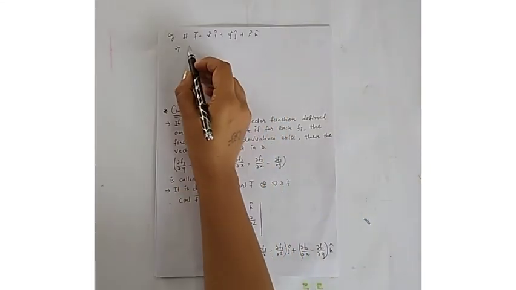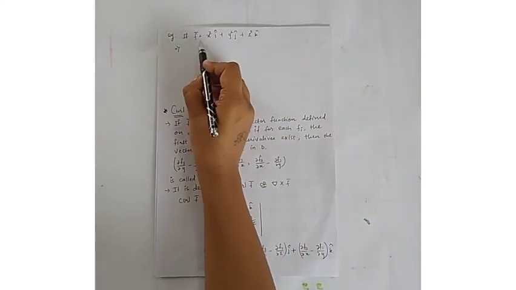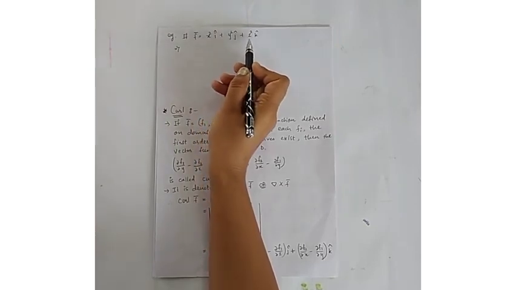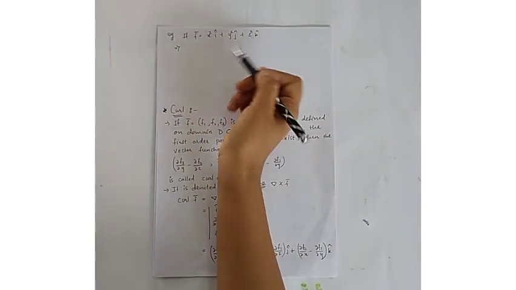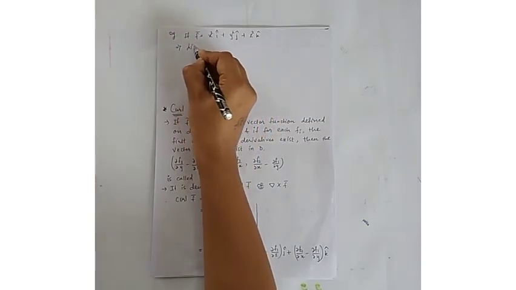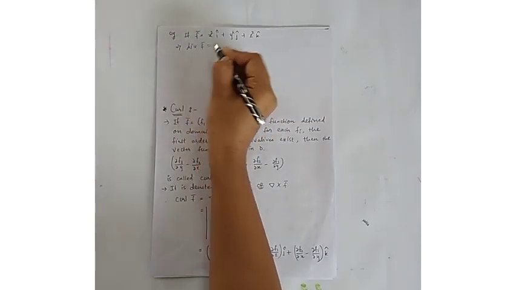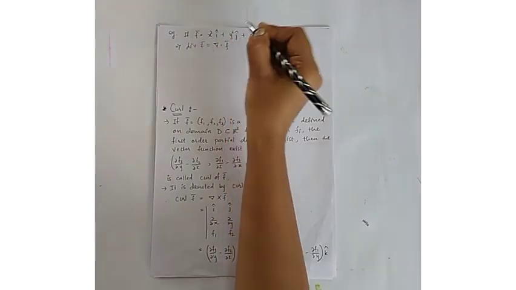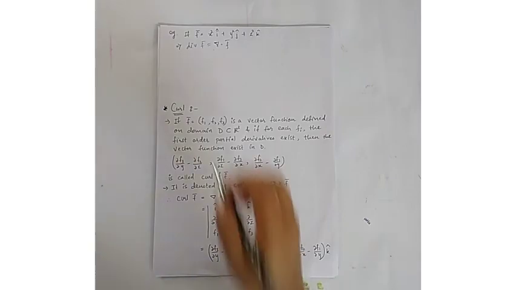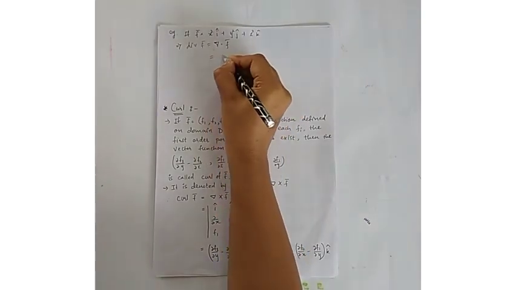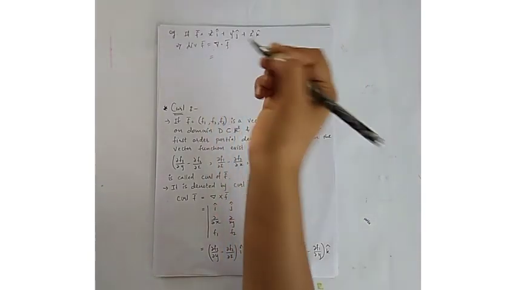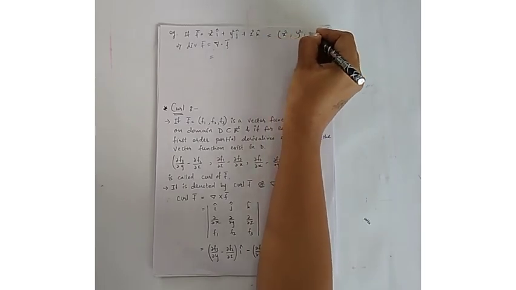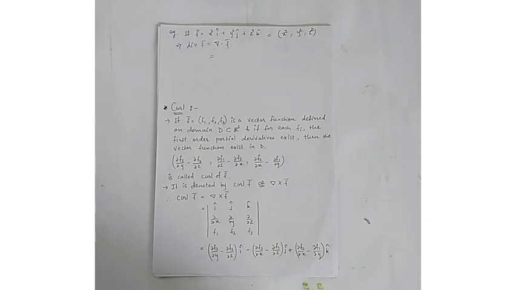Here is an example. Suppose I have a vector function x square i caret plus y square j caret plus z square k caret. If I want to find the divergence of this f bar, you can write it as the dot product of this nabla and function f bar. So the value of this is, or you can write it as, x square, y square and z square.